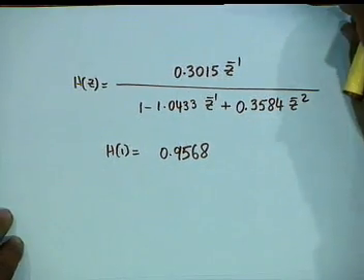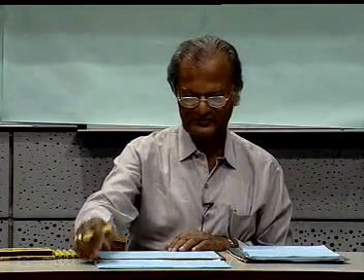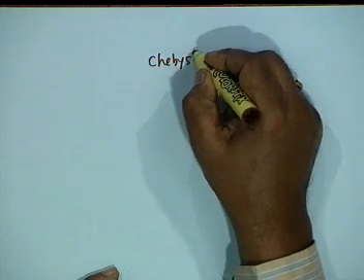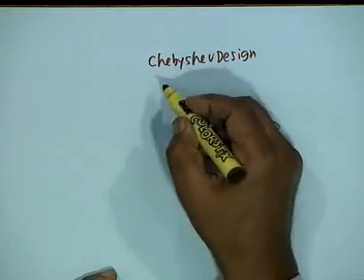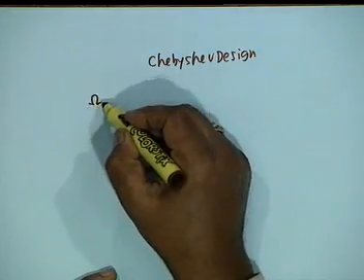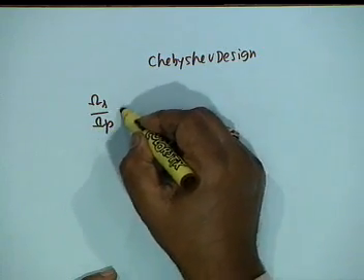Let's look at Chebyshev now for the same example, and we would like to take a bit of shortcut because we have already calculated the values of the transition ratio omega s by omega p and so on. In Chebyshev design, omega s by omega p we have already calculated.